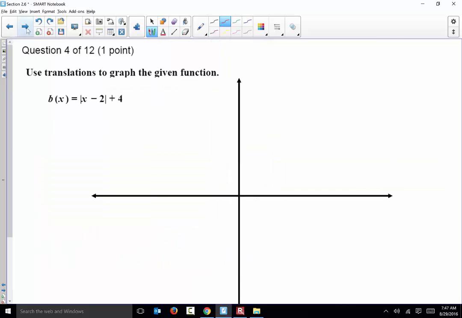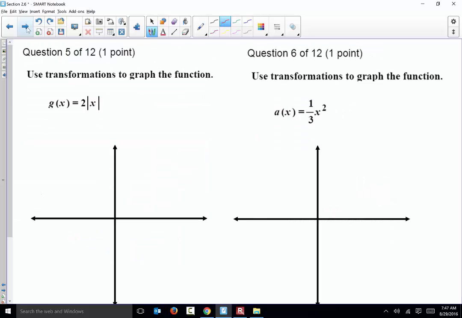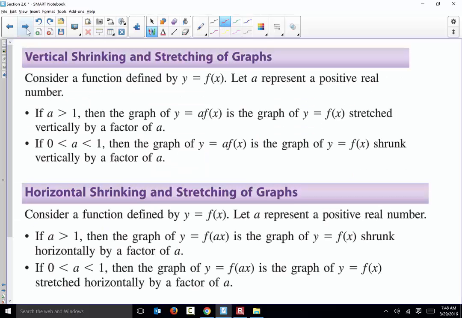Okay, and we also saw stretch and shrink on Friday. There are 2 types, vertical or horizontal. For a vertical shrink, you need a number less than 1. If you want a stretch, you need a number greater than 1 right in front of the formula.